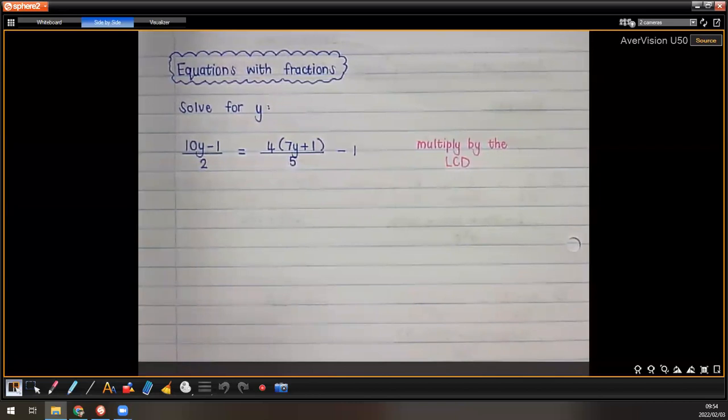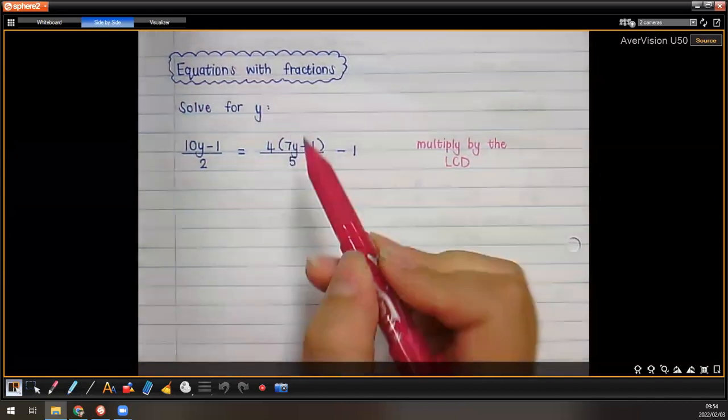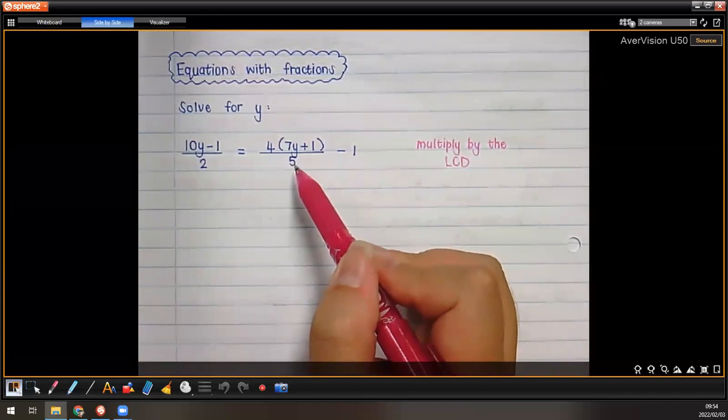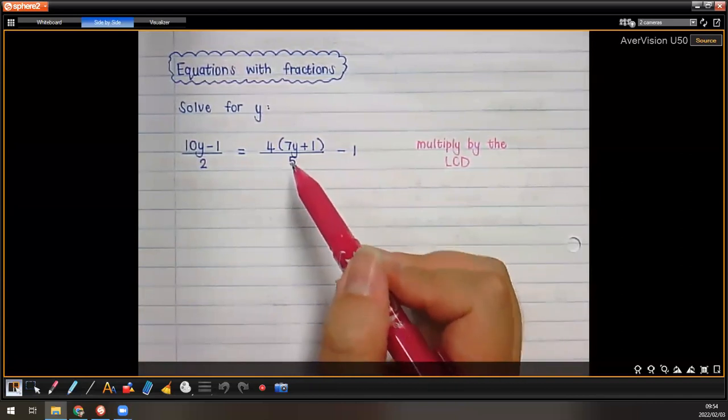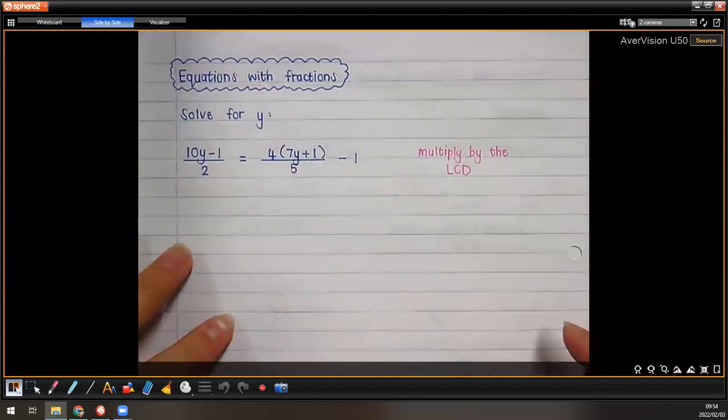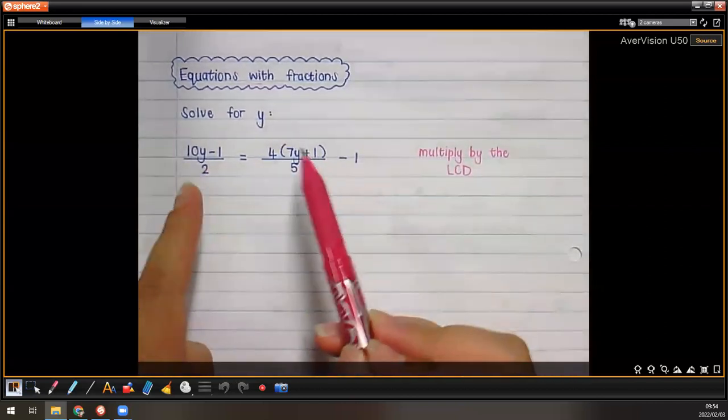Okay, most people don't like working with fractions. So the first thing that we actually want to do here is we want to get rid of those denominators. So if I multiply the first fraction by a number that 2 can divide into, I can do that division and the 2 will go away. If I multiply this one by a number that 5 will divide into, I can cancel out the 5, and I won't have a fraction anymore. But guys, the bottom line here is that this is an equation.